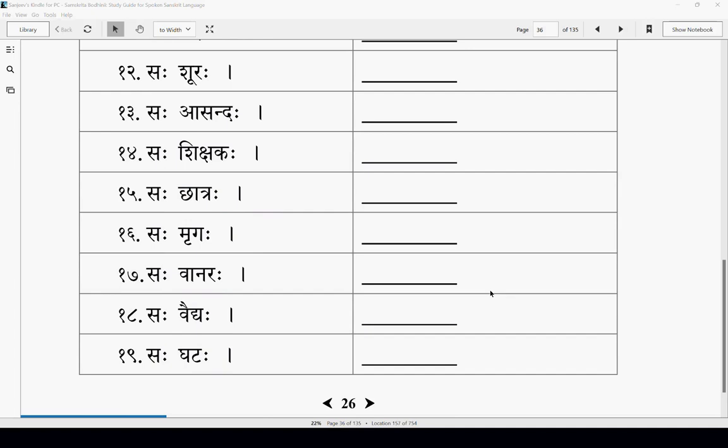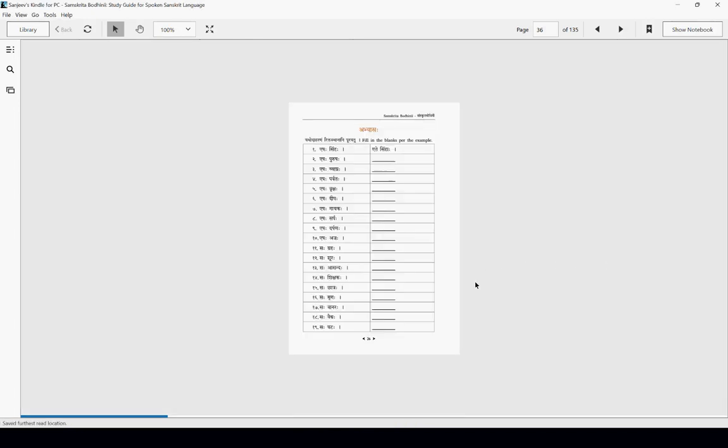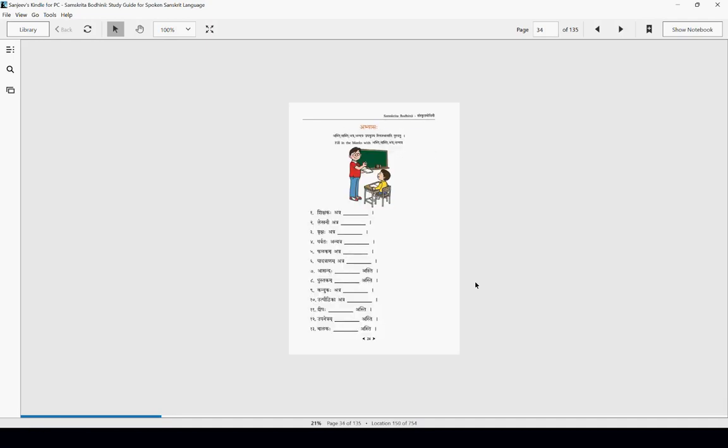So for clock, we are using Ghati. Ghati is Strilingam. Ghataha is Pullingam. So you may be curious, how does Ghati mean clock? Let's look at page number 26 here.